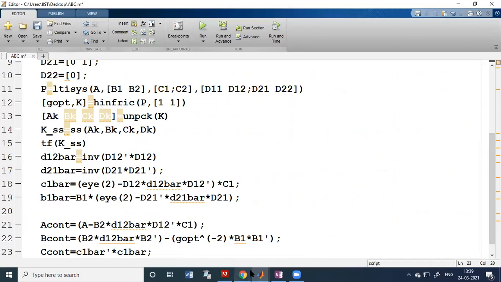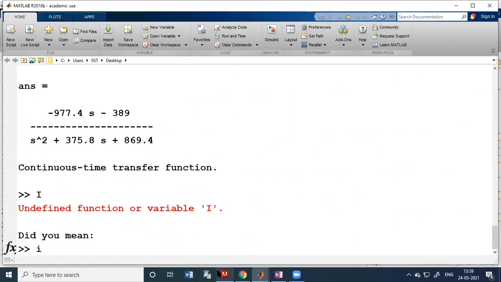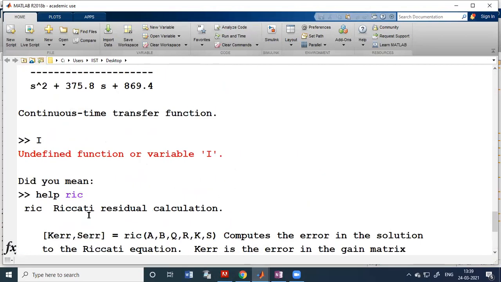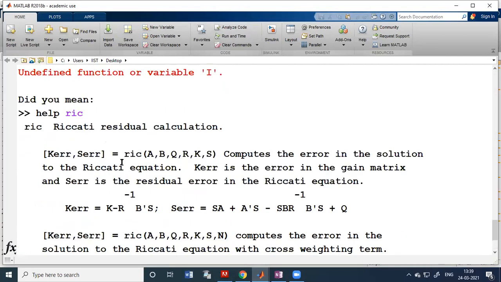Now you see the command is RIC. If you have any doubt, you type help space RIC. This will tell you how to solve the Riccati equation, where A, B, this thing, C. Here our C is this part. You need not get confused; there are different ways of expressing a Riccati equation.